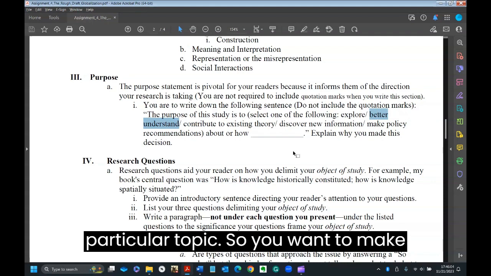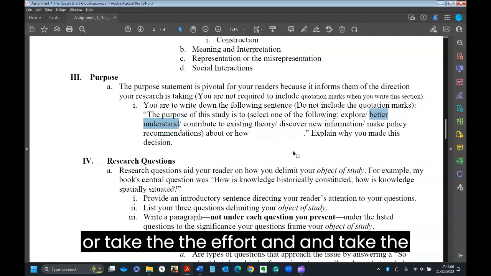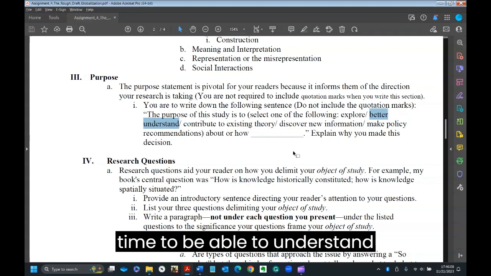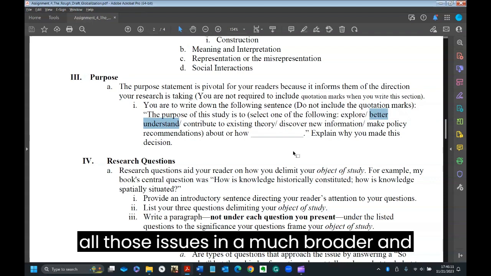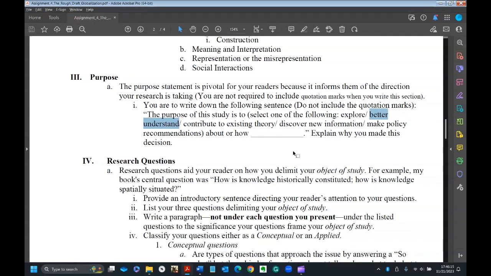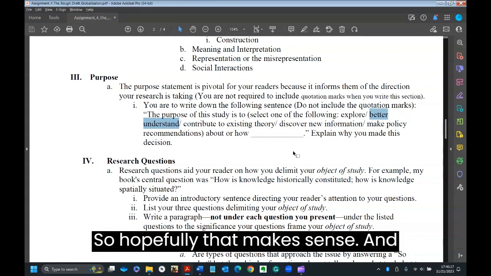So you want to take the effort and take the time to be able to understand all those issues in a much broader and fuller context. Okay, so hopefully that makes sense.